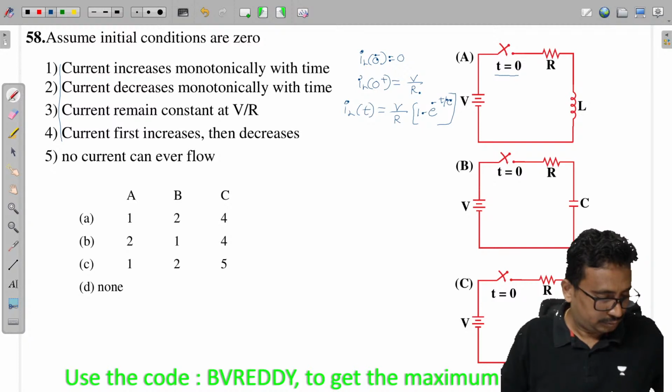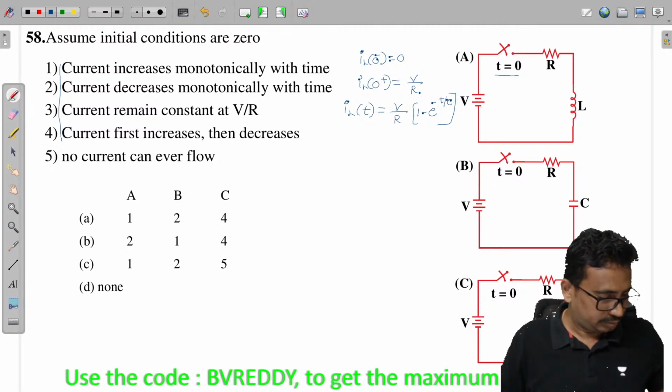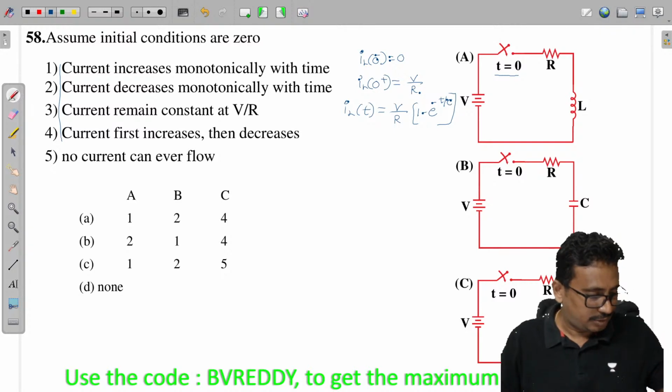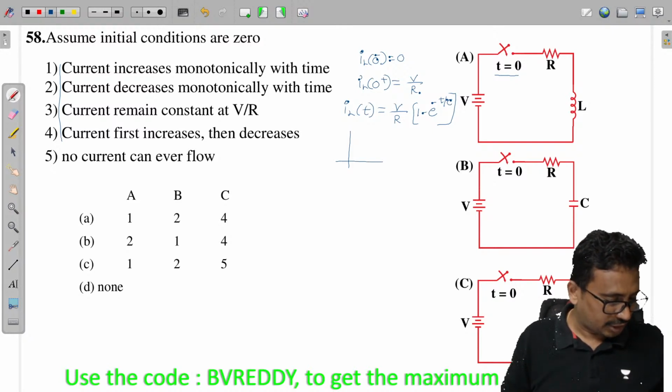Now tell me how this varies. If you draw this graph, what happens?